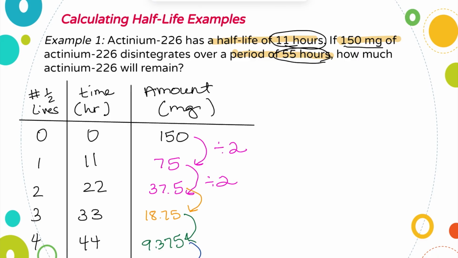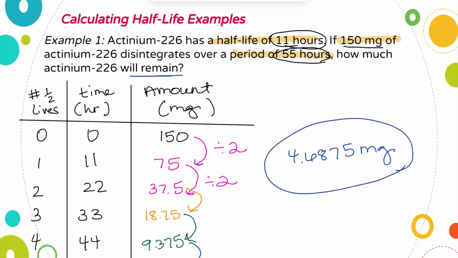One more, divide by 2, and we get 4.6875. And so how much is going to remain? 4.6875 milligrams of that unstable actinium-226 remains. The rest of that has undergone that process of becoming something more stable.